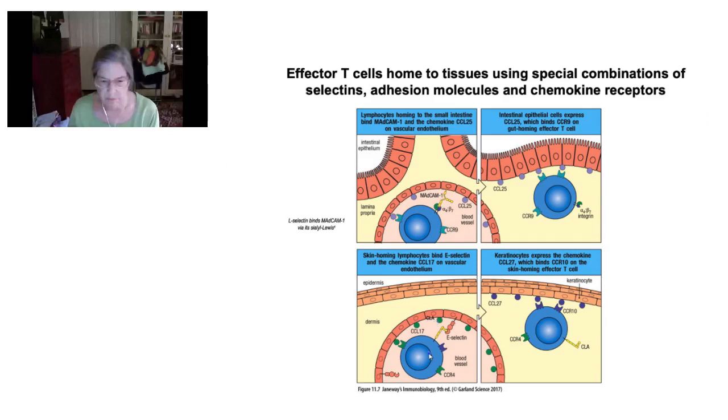And anyway, this thing is getting out with a different chemokine receptor, CCR4, because it's been primed in the primary lymphoid tissue a long time ago to recognize CCL17.